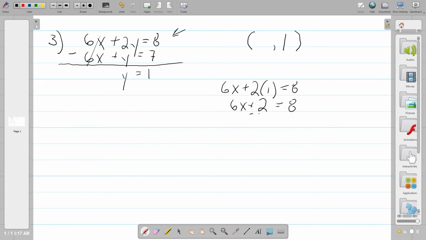All right, so we'll subtract that 2, subtract that 2. 6x equals 6. Divide out that 6. That's a lot of 6s. It's the number of the beast. X equals 1. So in this case, we end up with 1 comma 1 for our ordered pair of x and y.